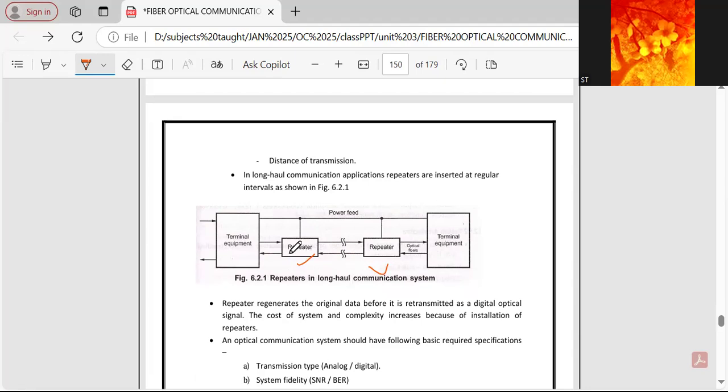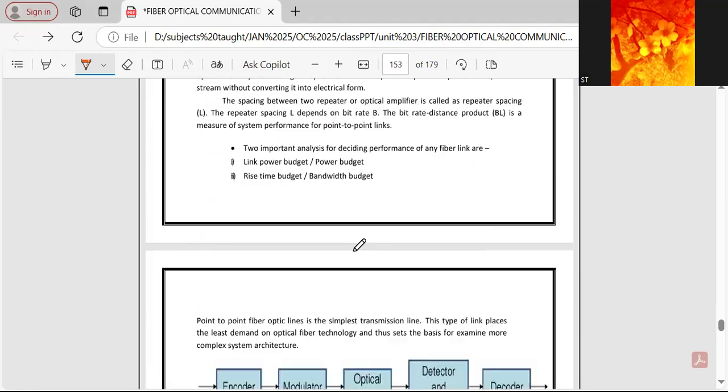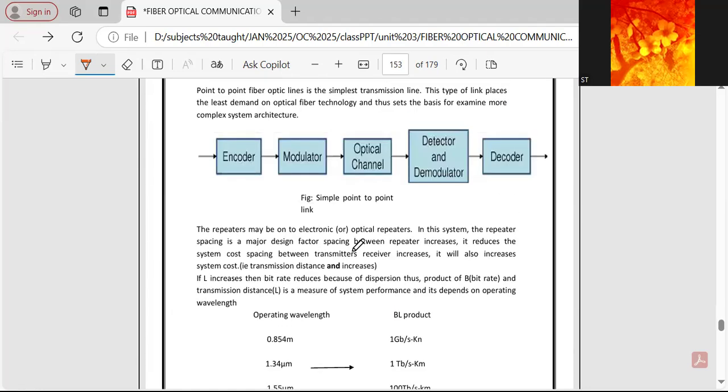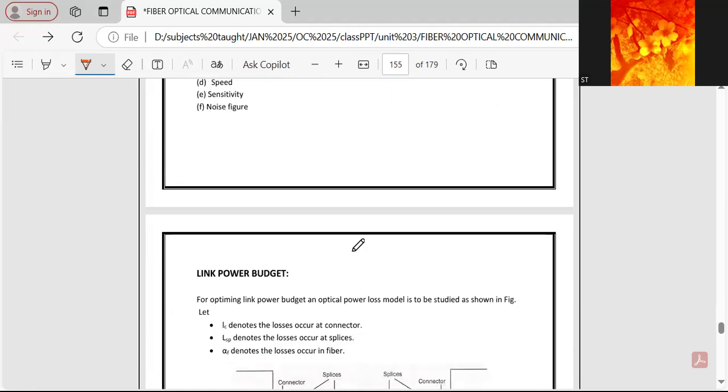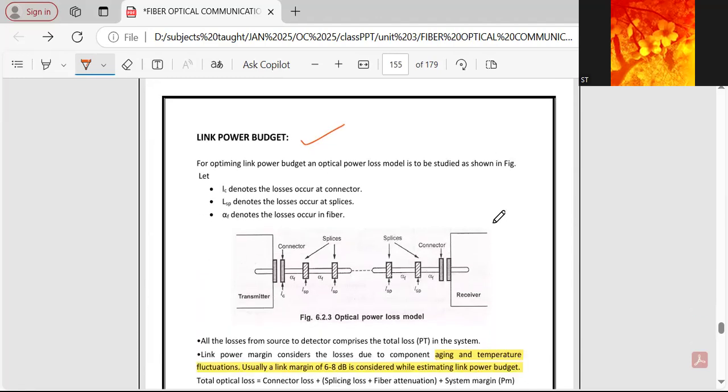So this is the position of the repeater and its need. Now in the next video, we will discuss the link power budget. If we are transmitting optical power, then how we will calculate the budget for that. Thank you.